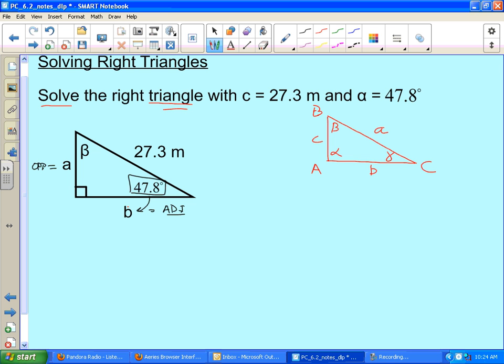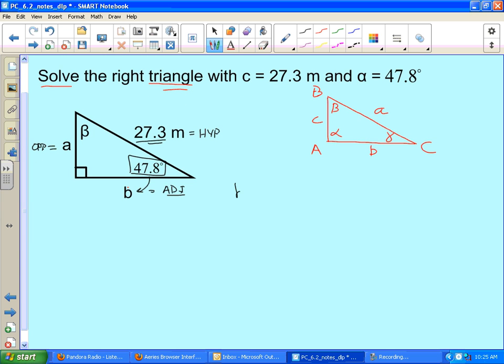Okay, so if I had a hypotenuse and I wanted to find an adjacent side of that angle, which two trig functions allow me to use h's and a's? Co, which is the cosine. Yeah, so if I wanted to find b, I could use the cosine of 47.8 degrees is equal to adjacent over hypotenuse.